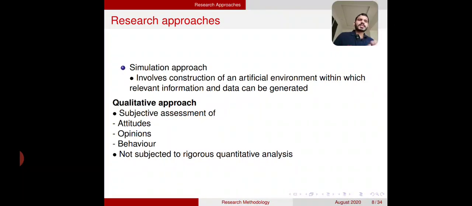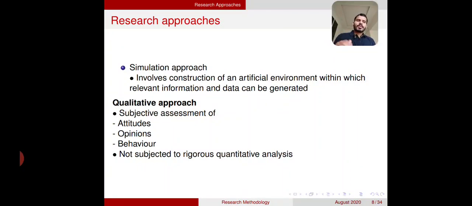The second main type of research approach is the qualitative approach. In the qualitative approach, we do not bother about the data. We are not subjected to any rigorous quantitative analysis. Instead, we assess attitudes, opinions, and behavior. That way of research is called the qualitative approach.